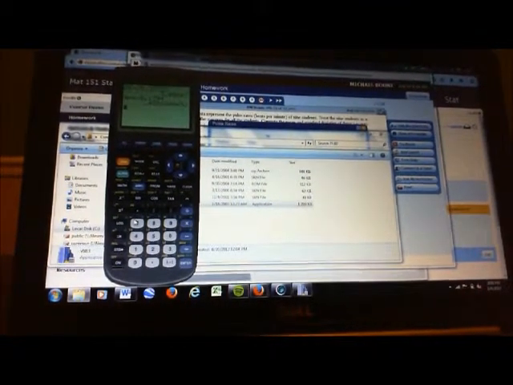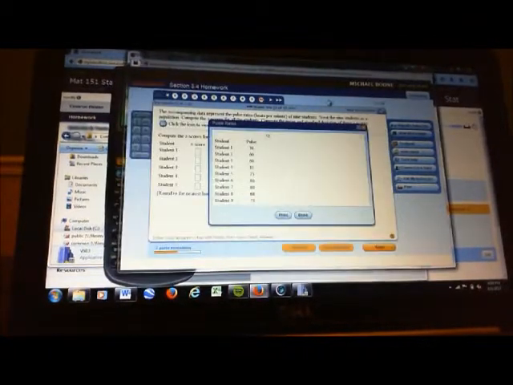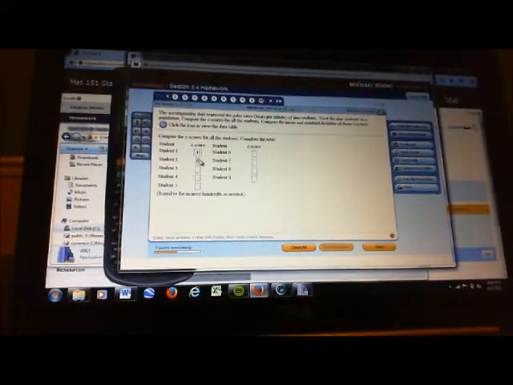I think it wants me to round to 2 decimal places. So let's verify that. Nearest hundredth, so 2 decimal places. So I would just type in 0.45. I'm just going to do that one, and again, leave the rest for you to do.